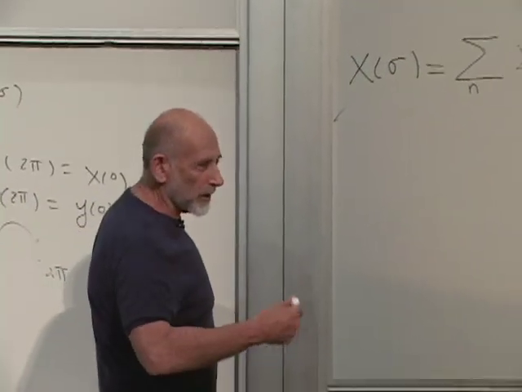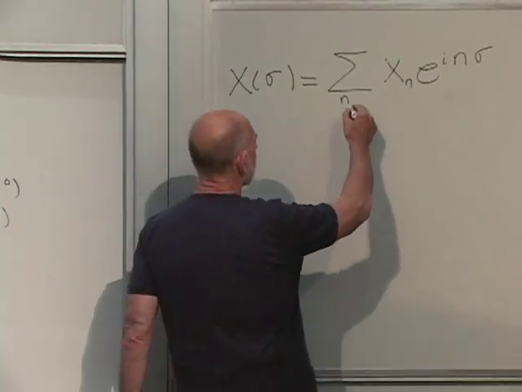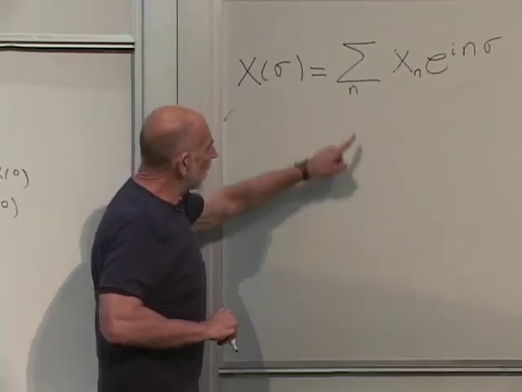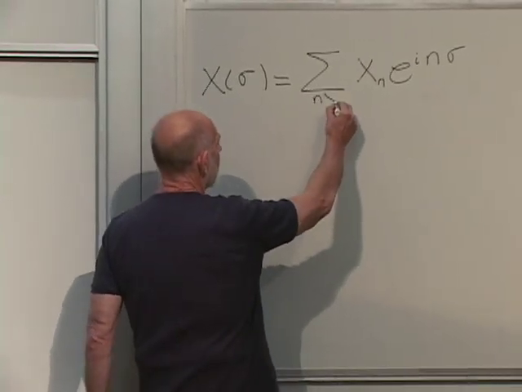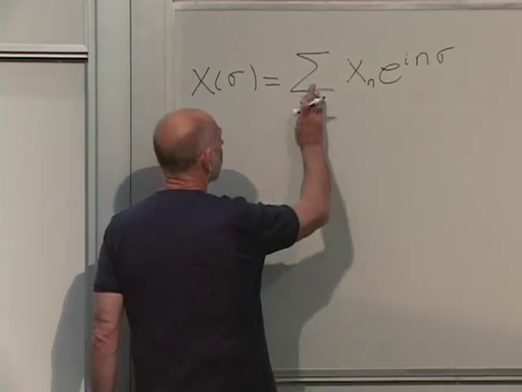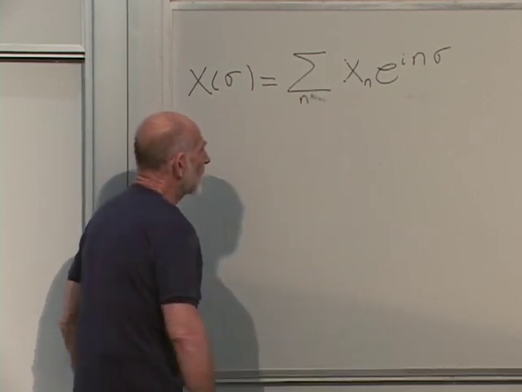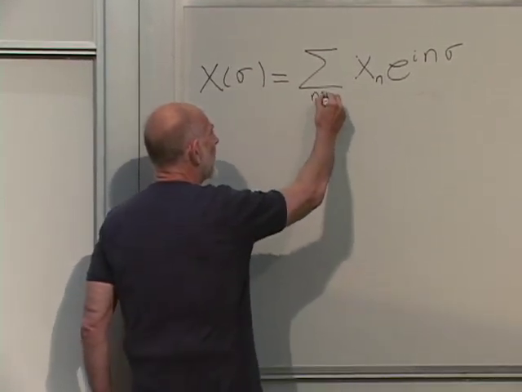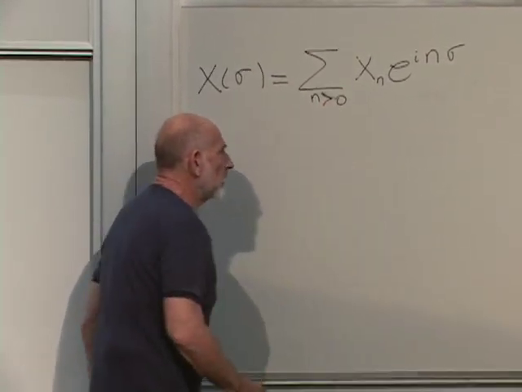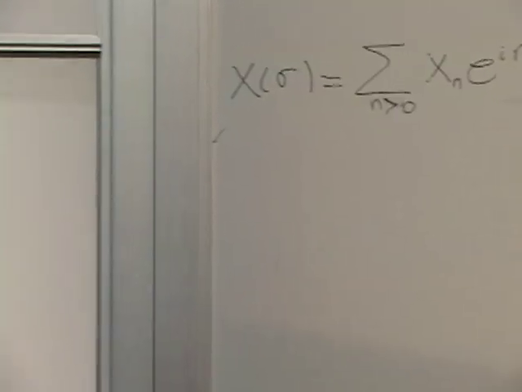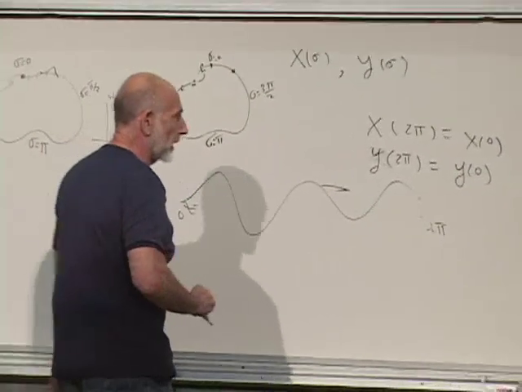We can write this as a sum of 3 terms. The first terms are for positive n. This is going to be a sum of n greater than 0. Those correspond to the right-moving waves, waves which go around to the right.